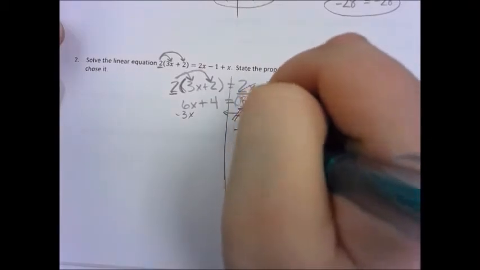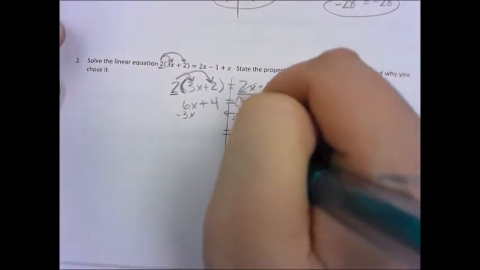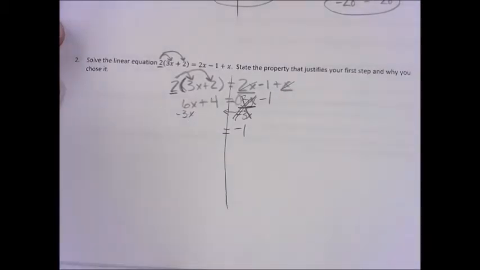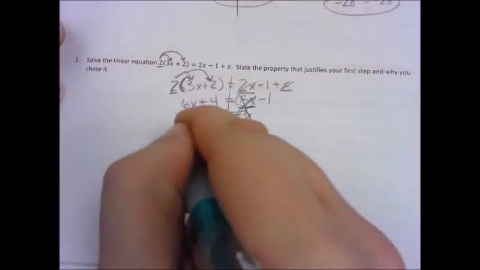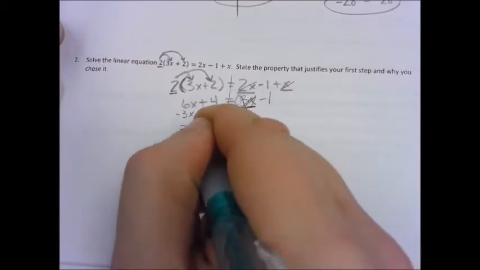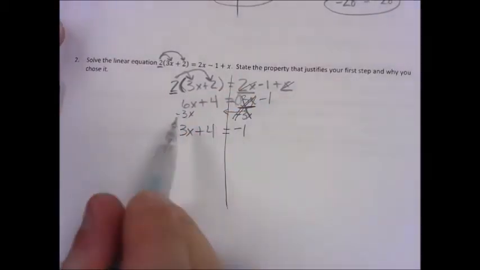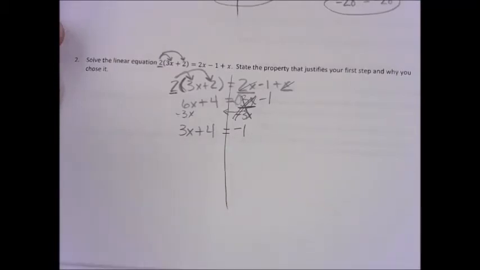Now I have negative 1 left on this side, and now I have 6x minus 3x, which is 3x, and I bring the positive 4 along. Now this looks a little bit more like what we had in our last exercise.